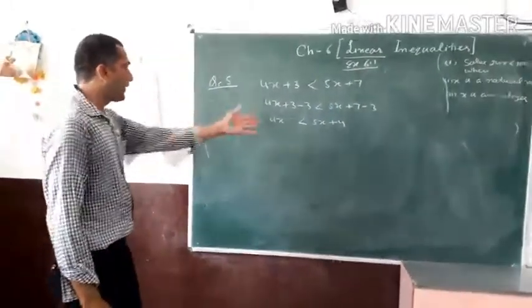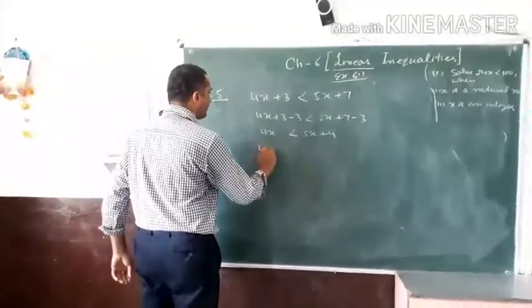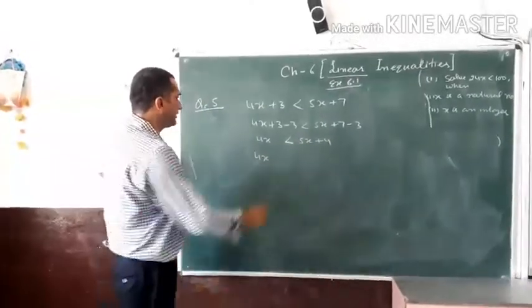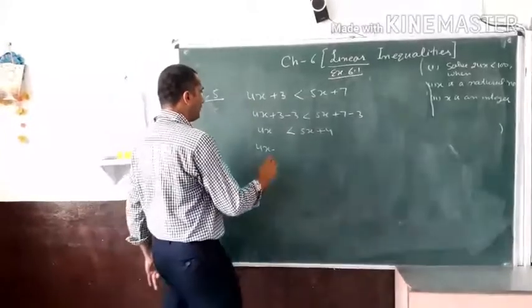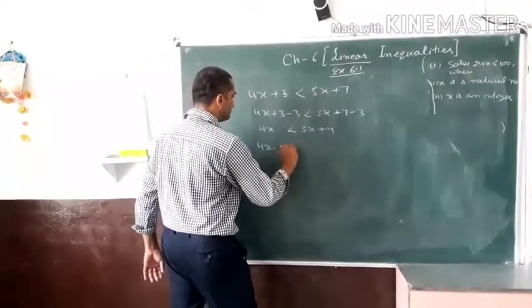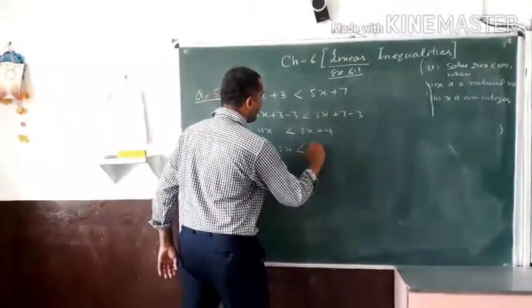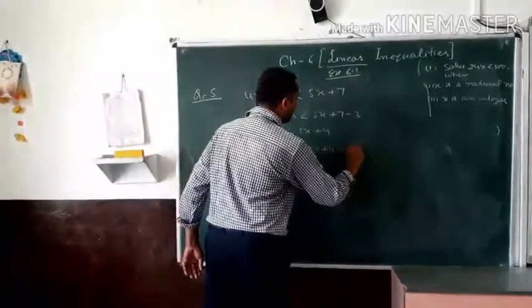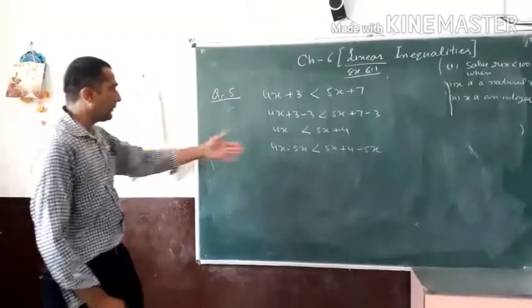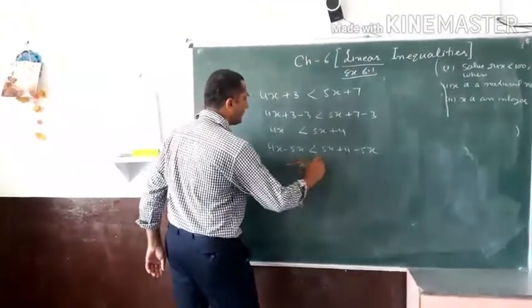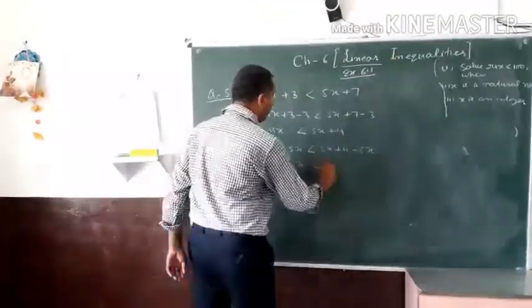Then remove this 5x: 4x minus 5x less than 5x plus 4 minus 5x. So we subtracted 5x from both sides. It will be minus x less than 4.